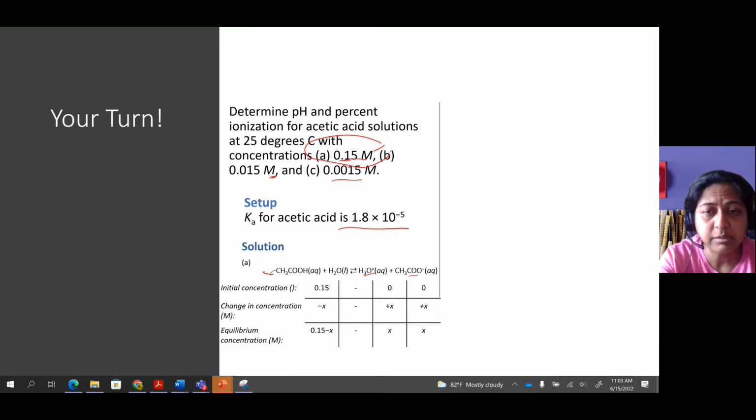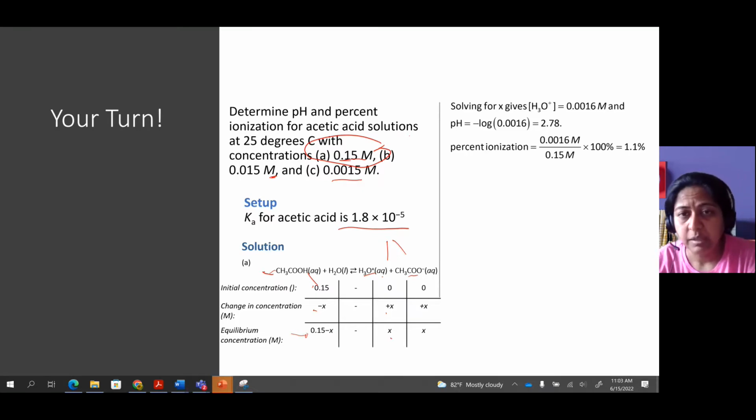Okay, so let's construct the table for condition A, taking the initial concentration for acetic acid as 0.15, and 0 and 0 for the products. The change is minus x, plus x for the products, and the equilibrium concentration is 0.15 minus x and x for the products. Then we solve for the H3O+.